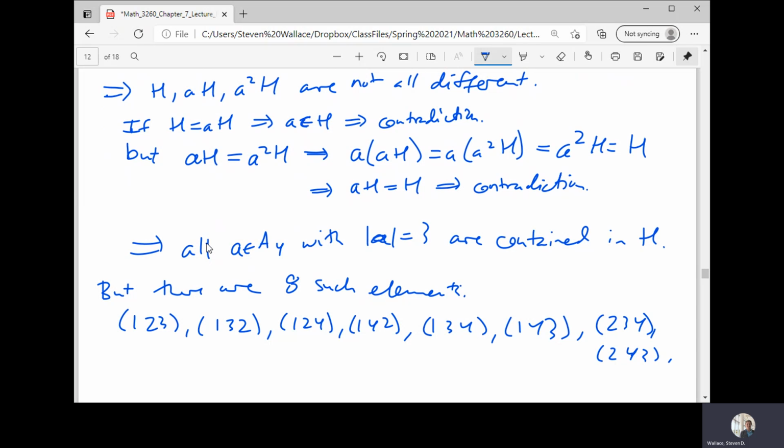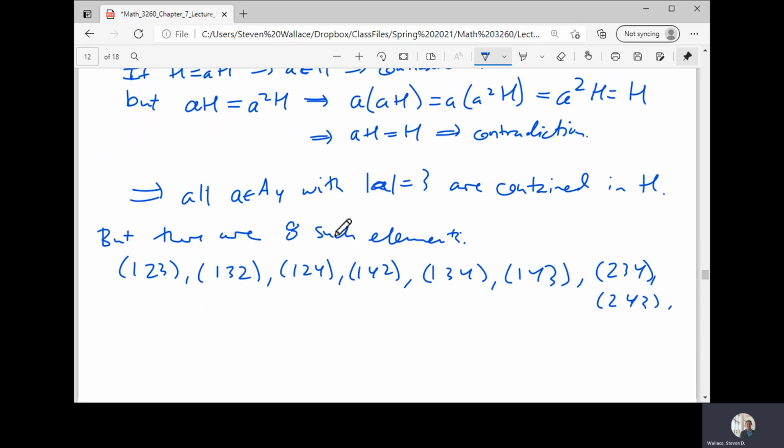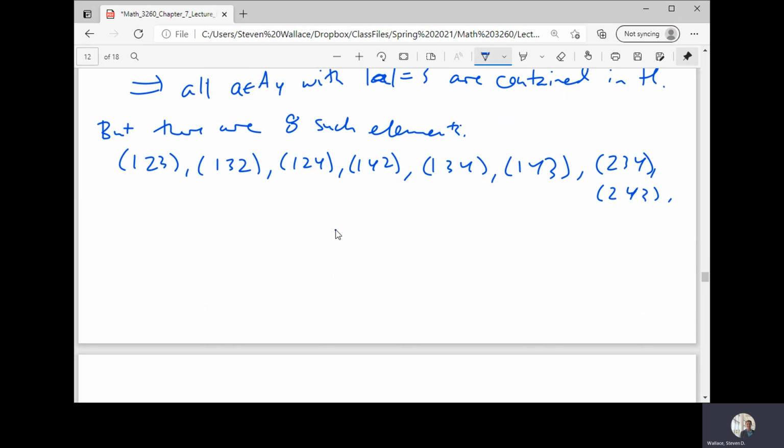Okay, 1, 2, 3, 4, 5, 6, 7, 8. That's too many elements, right? So we know it's another contradiction. The order of H is at least 8, which is a contradiction.